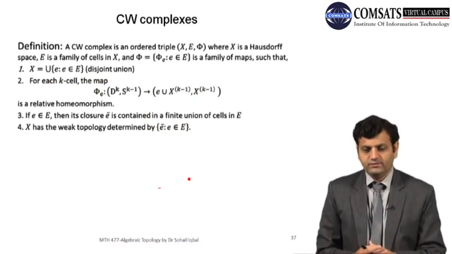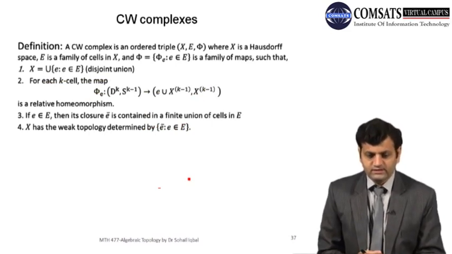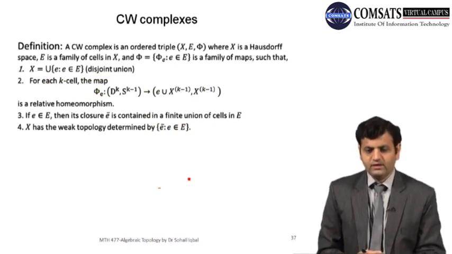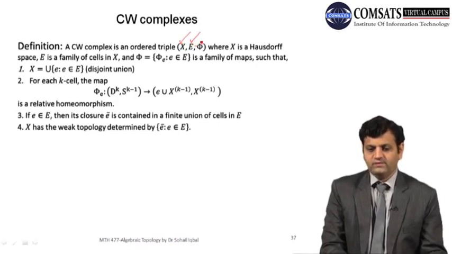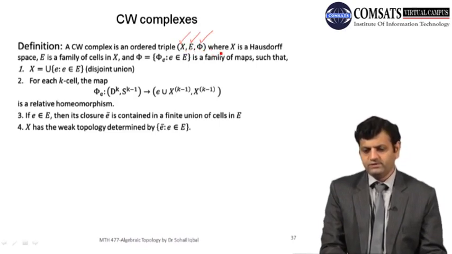Okay, so now we are ready to define a CW complex. A CW complex is an ordered triple. We have a space X, we have a collection E of cells, and we have some maps. So let's see one by one what these objects are.